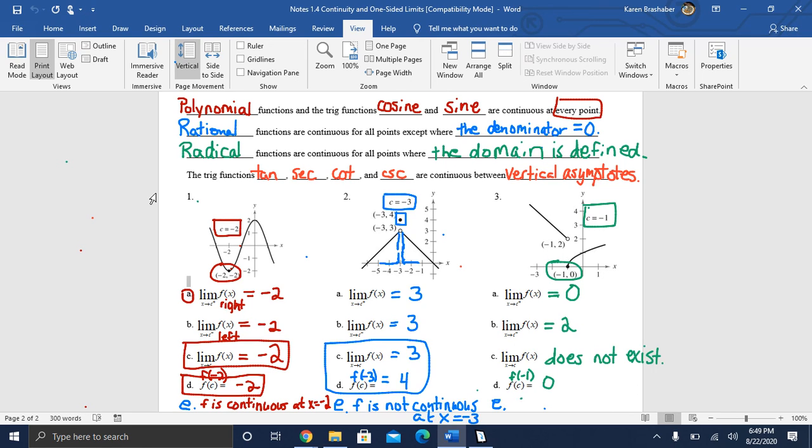And so therefore, f is not continuous at x equals -1. And it actually violates it because the limit does not exist. And if you needed a reason, that would be enough to stop right there.